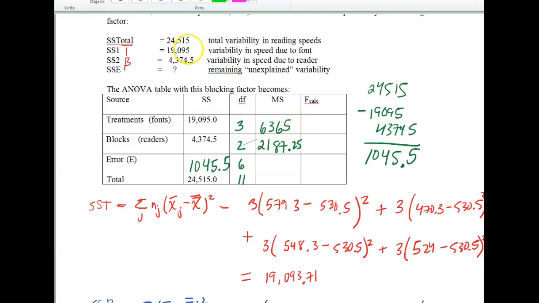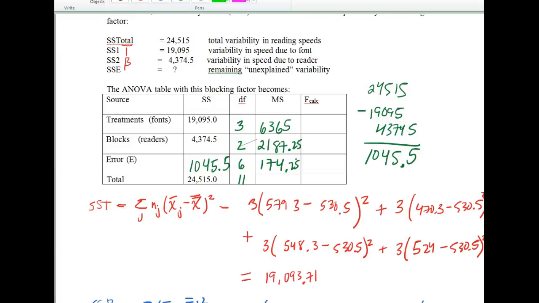And the mean squares error is going to be 1045.5 divided by 6, so 174.25.